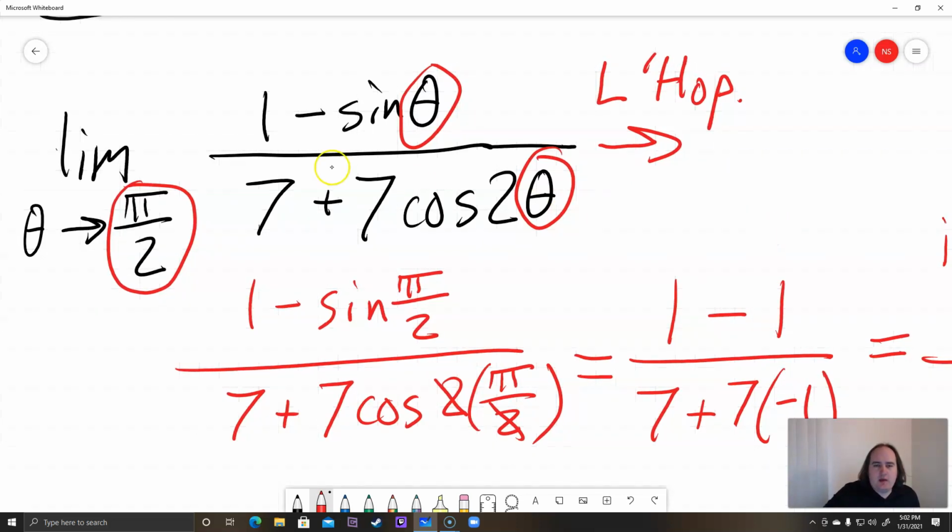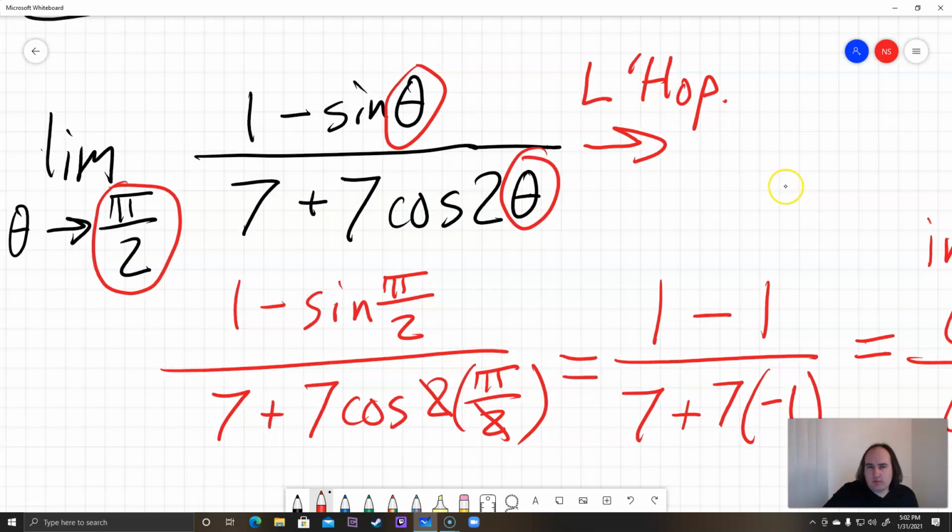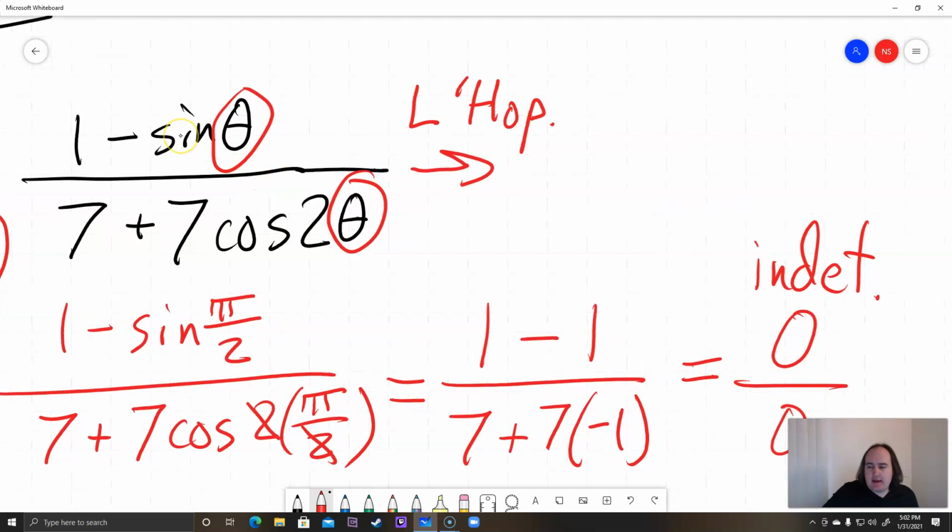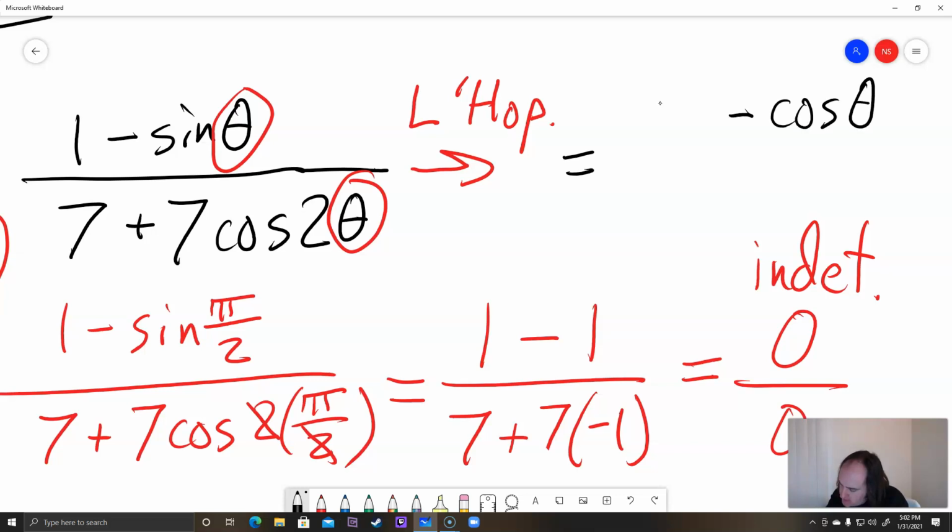So for that one, on the top, the derivative of 1, because it's a constant, is just 0. And then the derivative of sine is positive cosine, but there's a minus in front of it, so it's actually going to be negative cosine on the top. So on the top, you should have negative cosine of theta. And then on the bottom, the derivative of 7, because it's a constant, is 0.